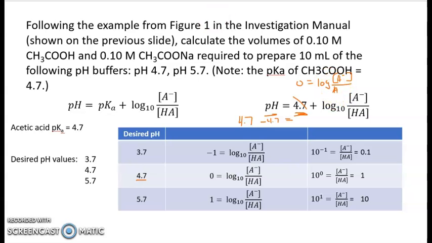Oh, sorry, let me fix that. And we recall that when this is 1, this is 0. So the two concentrations, the two amounts are the same. So 2 volumes of the same, 2 identical volumes of the identical concentration. So 5 mils and 5 mils will give us this one.